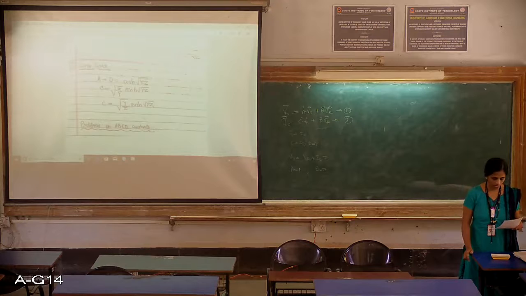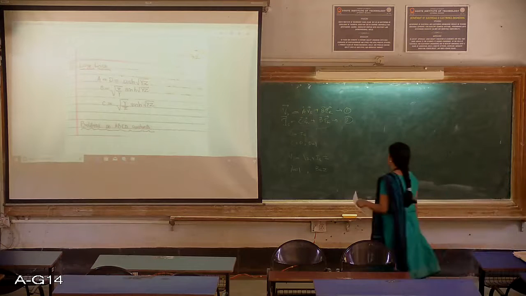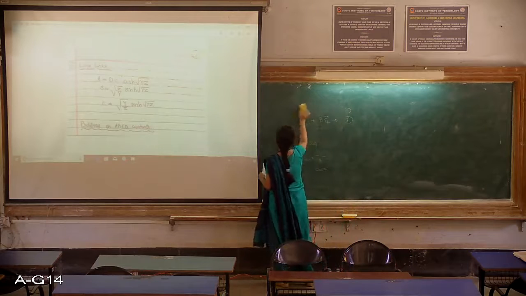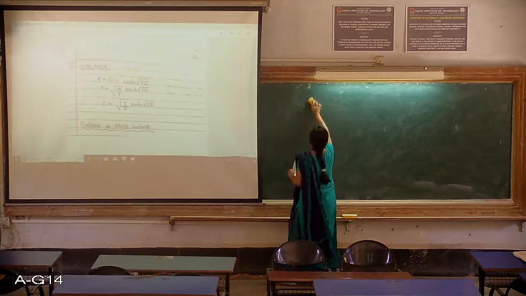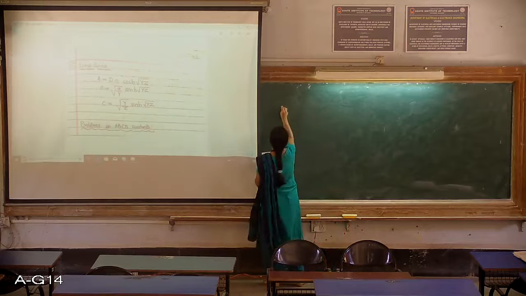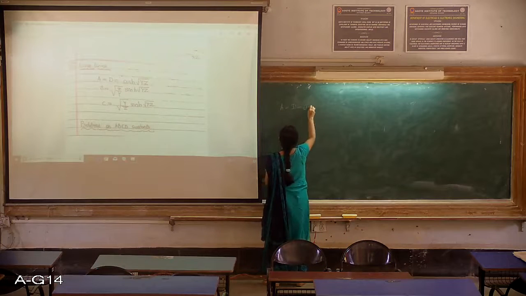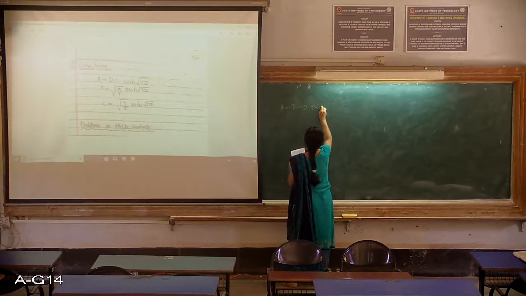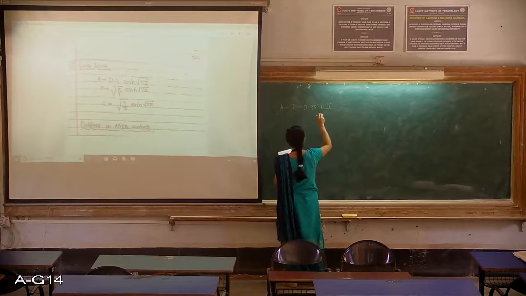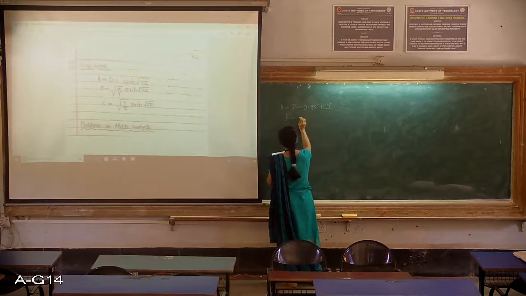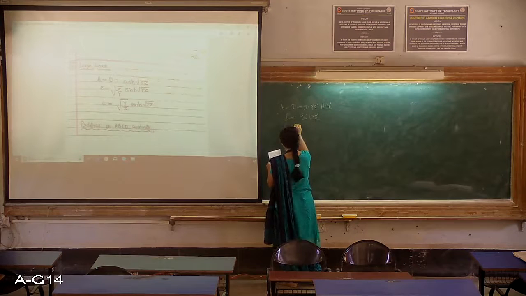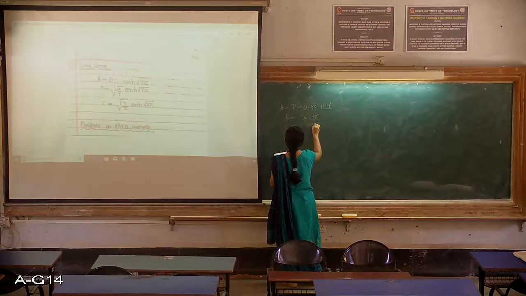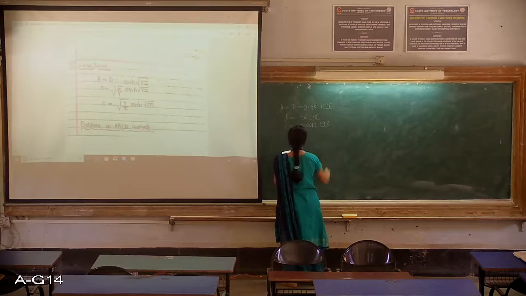The generalized constants of the transmission line are: A is equal to D is equal to 0.95 at an angle 1.4, B is equal to 96 at an angle 78, C is equal to 0.0015 at an angle 90 degrees.